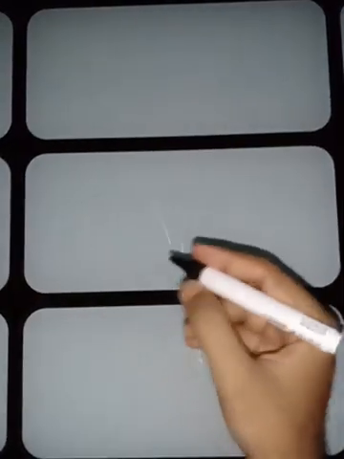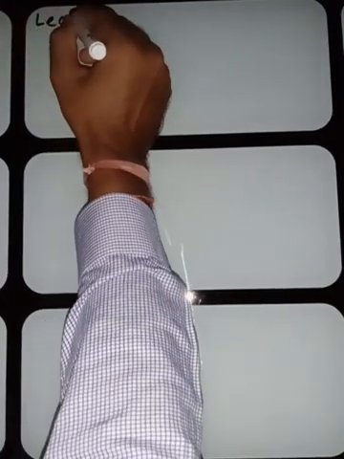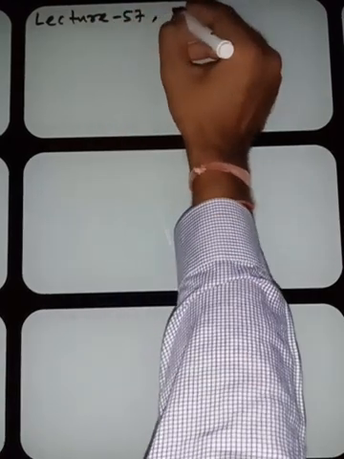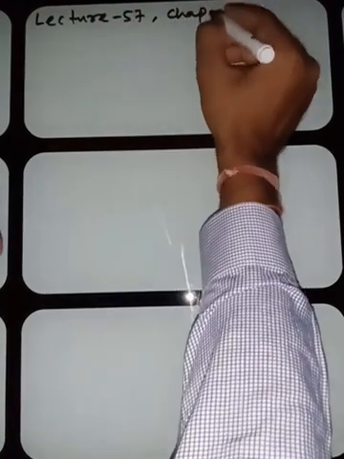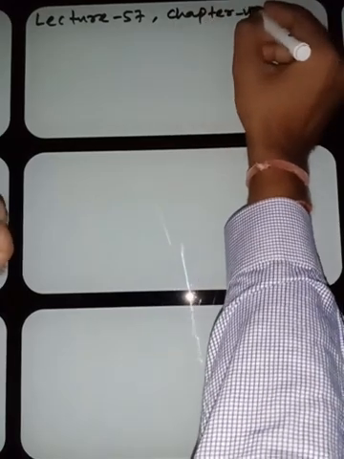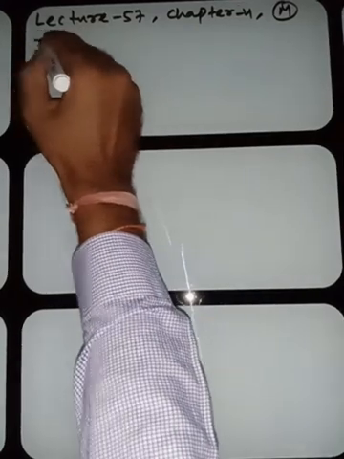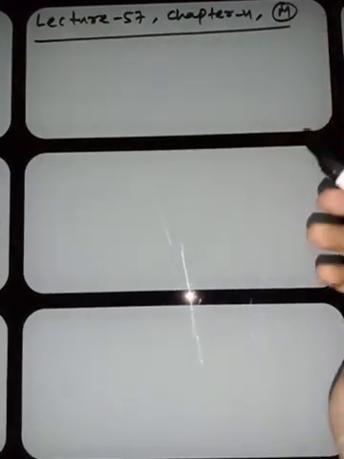Today we are in lecture number 57, Chapter 4 of Moving Charge and Magnetism.